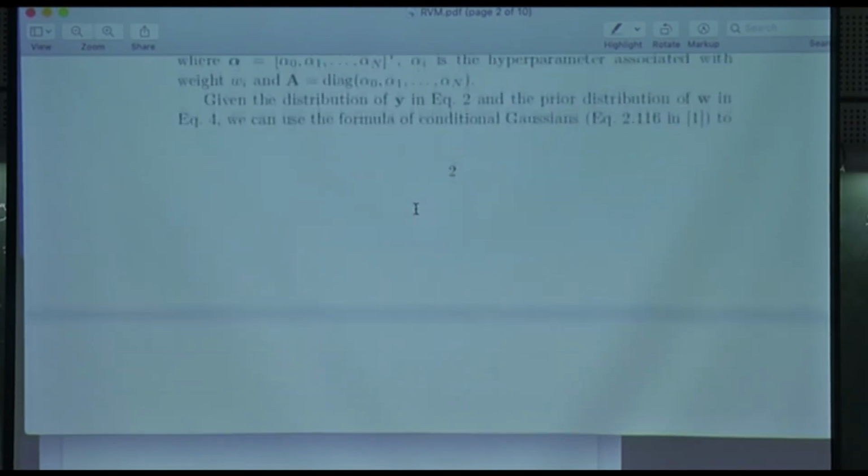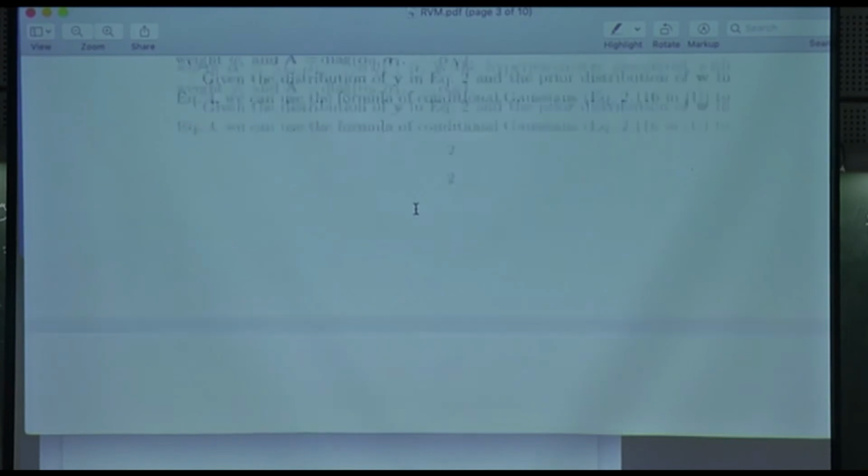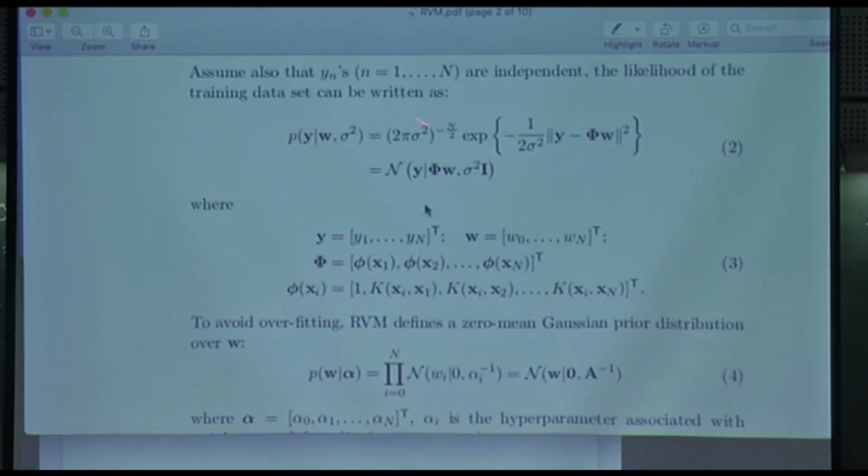Given the distribution, what you want to do now is you set up a Bayesian problem. So now we have a forward problem. The model says that the W is chosen according to this distribution, Y is given by that distribution, but now the data is given to me, and so from that data I can compute the posterior distribution.